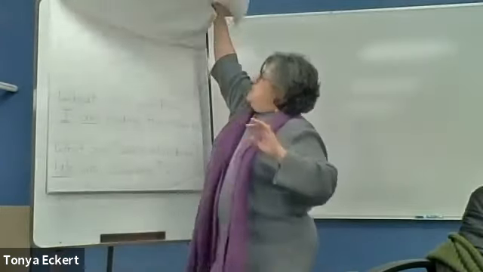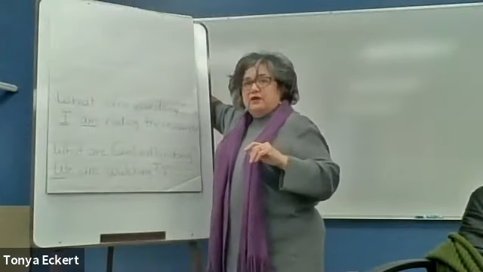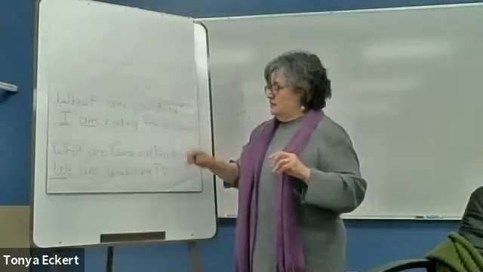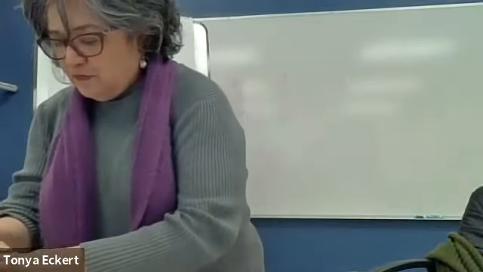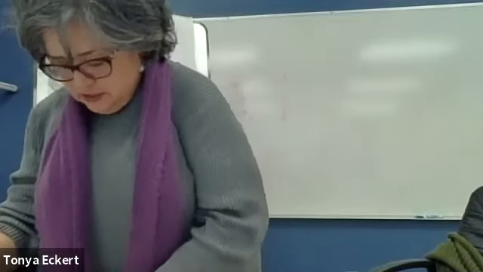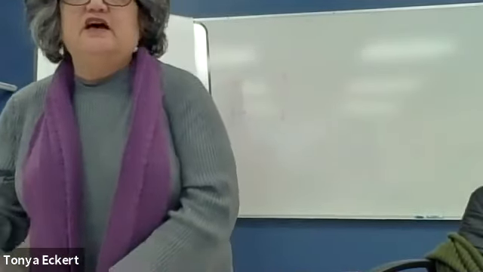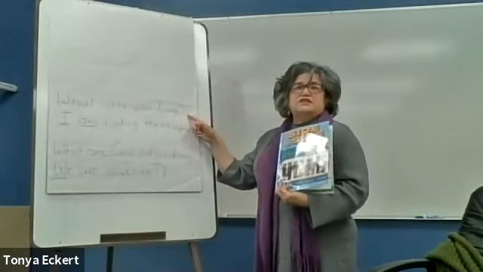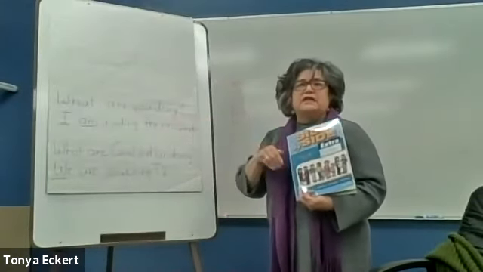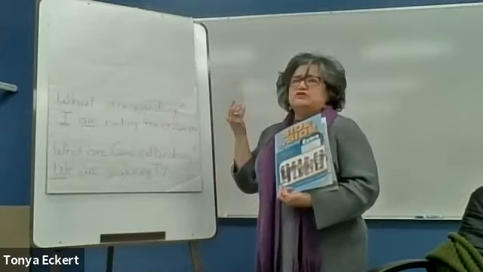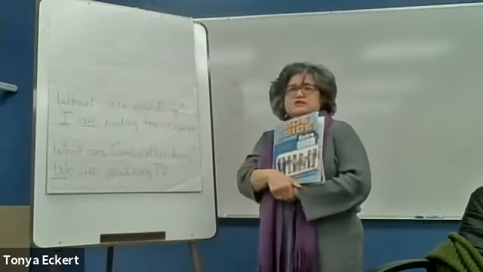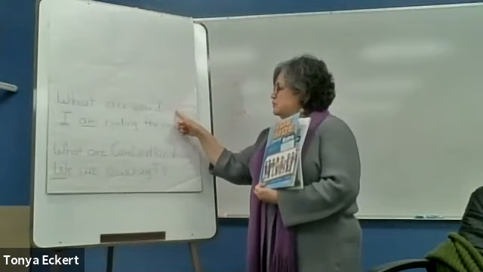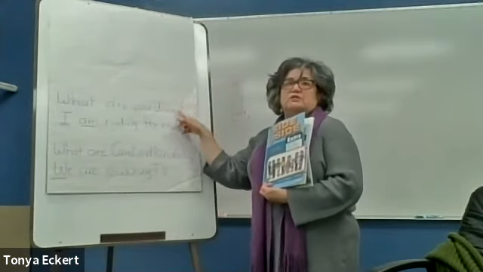I suggested on your spiral that you write the sentences that are on page 19 of your side-by-side, so that you can write them down and then practice orally. What are you doing? I'm reading the newspaper. And our voice would change a little bit when we hear that question mark.